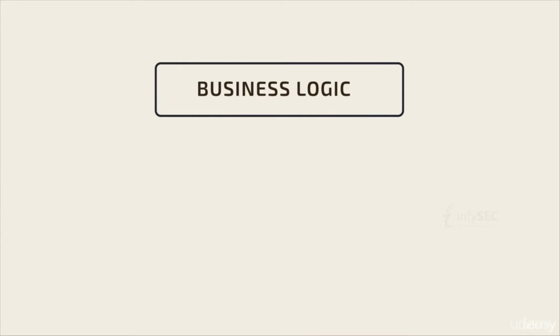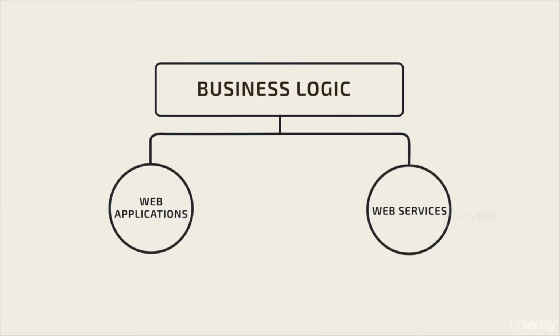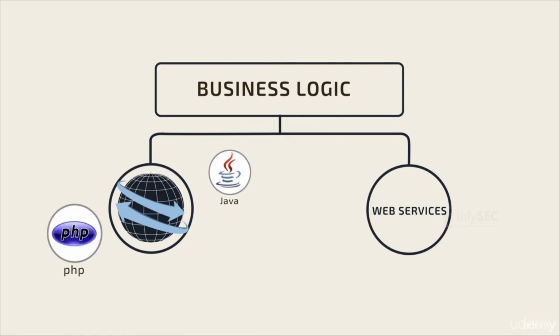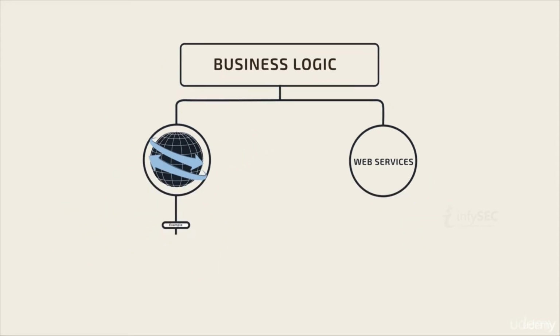The business logic may be implemented using a web application or a web service. What is a web application? It is a program written using packages such as Java, PHP, Python, Ruby, etc. to accomplish a task. Example, Google Maps. What is a web service?